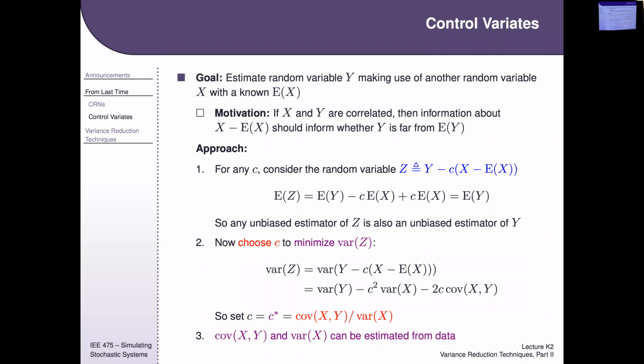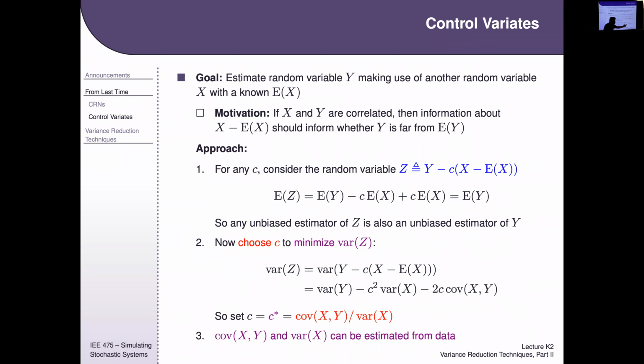Well, I'm going to put a little calculus in here. I can take the variance of this Z variable that I've created and do a little probability here. I just plug in the Z right in there. And then I use a little bit of what I know about the variance of variables multiplied by constants. Just from basic probability theory, you can go from line 1 to line 2.